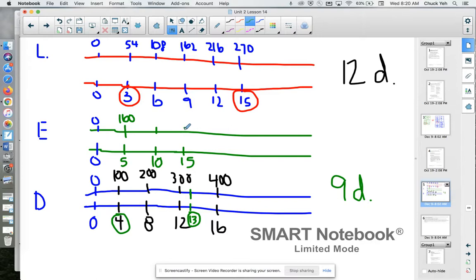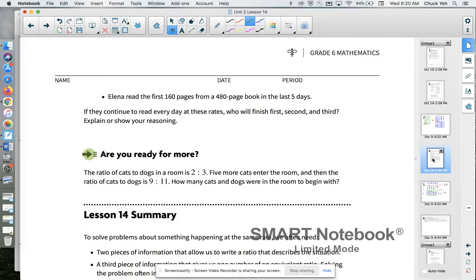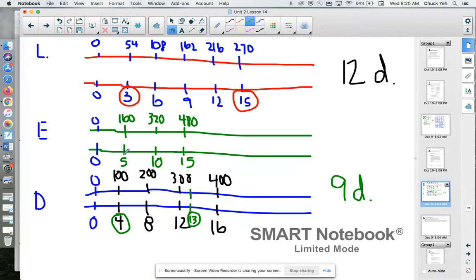All right? So go ahead and pause it and figure out what those numbers are up there. So that is 320 and 160 times 3 is I think 480, right? Yep. Okay, so how many days from 5 to 15? Okay, 10 days.